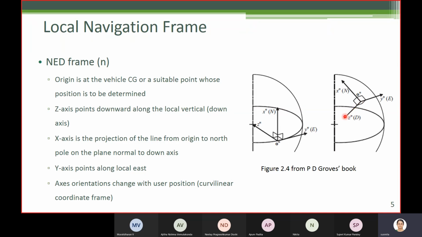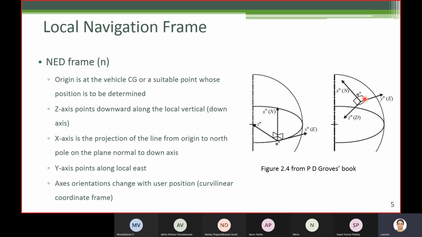And how do we define the x-axis? So we connect the origin with the North Pole along the surface of the Earth. So we get a curved line, correct? And then we take the plane which is normal to the z-axis. So it's basically the plane which is tangential to the Earth's surface.